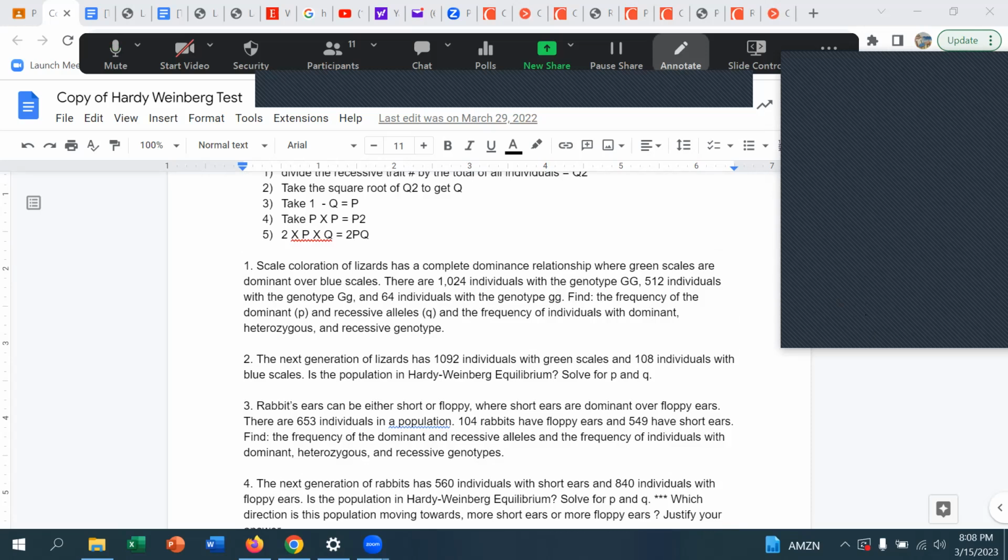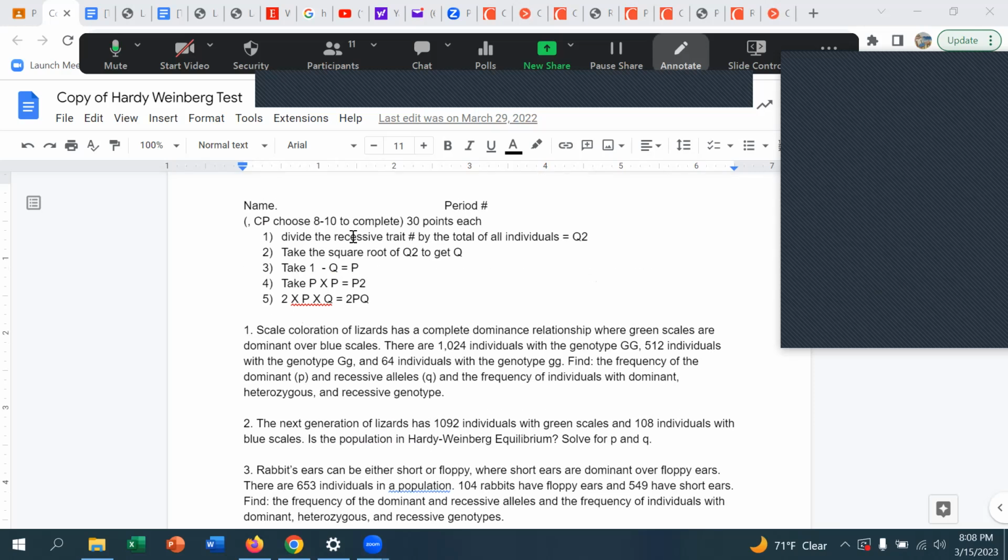So that was for number one. For number two, Q squared equaled 0.09. That's what it was. So I gave you the first two and I showed you, you add up all the things. I even told this to kids: divide the recessive trait number by the total of all individuals.